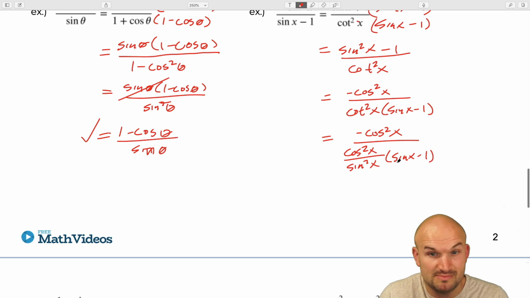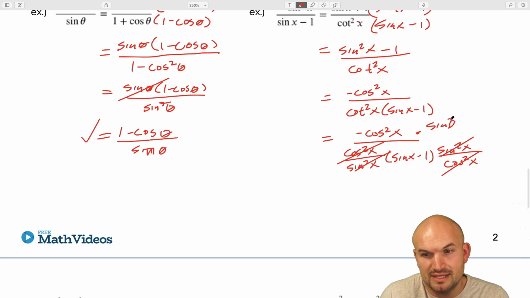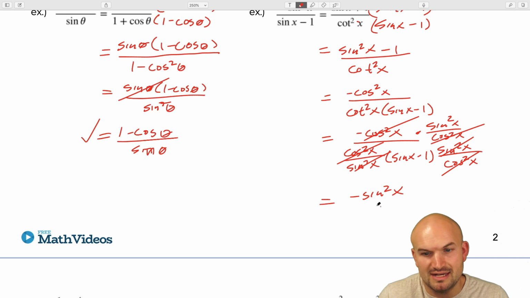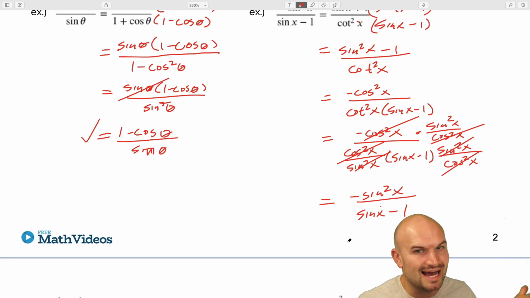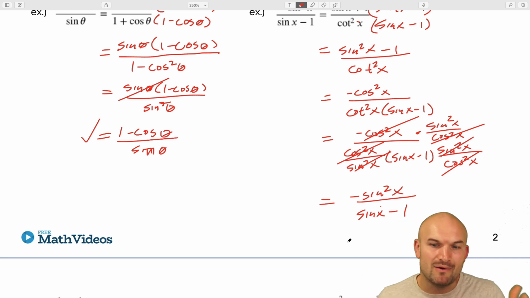So if I multiply this by the reciprocal, which would be a sine squared of x over a cosine squared of x, that would divide out, and we'd be left over here with sine squared of x over cosine squared of x. Now these are going to divide out, leaving me with a negative sine squared of x all over a sine of x minus 1. Voila. So you guys can see how it works on both sides.